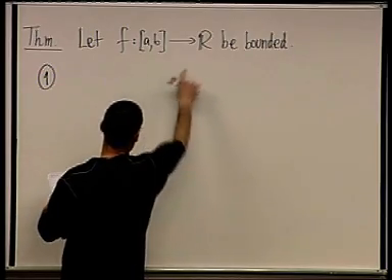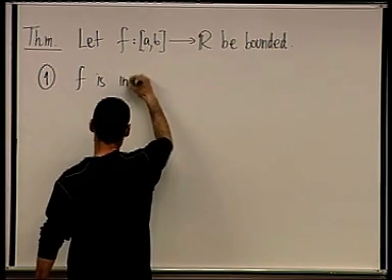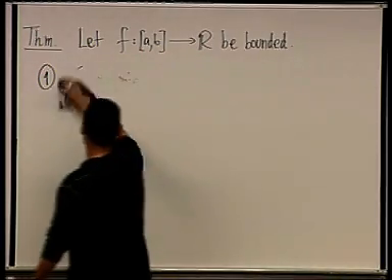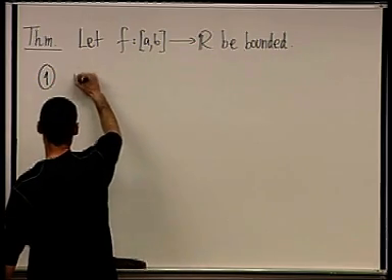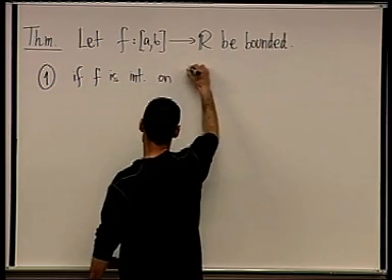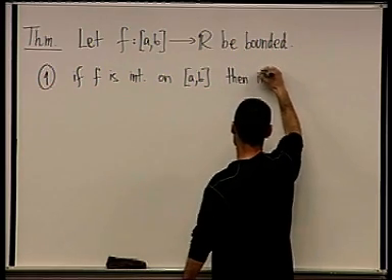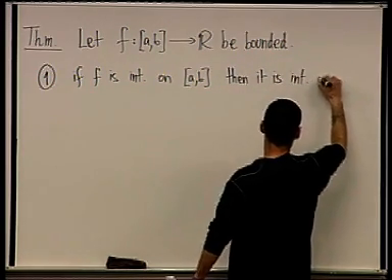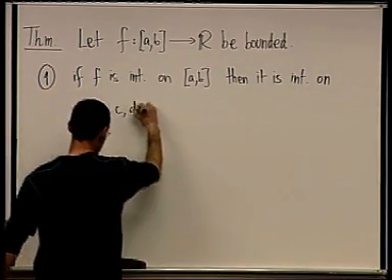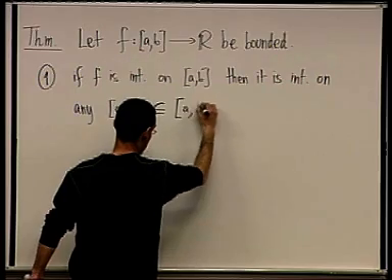Okay, 1. So suppose we have an integrable function on [a,b]. Sorry, if f is integrable on [a,b], then it is integrable on any [c,d] which is contained in [a,b].